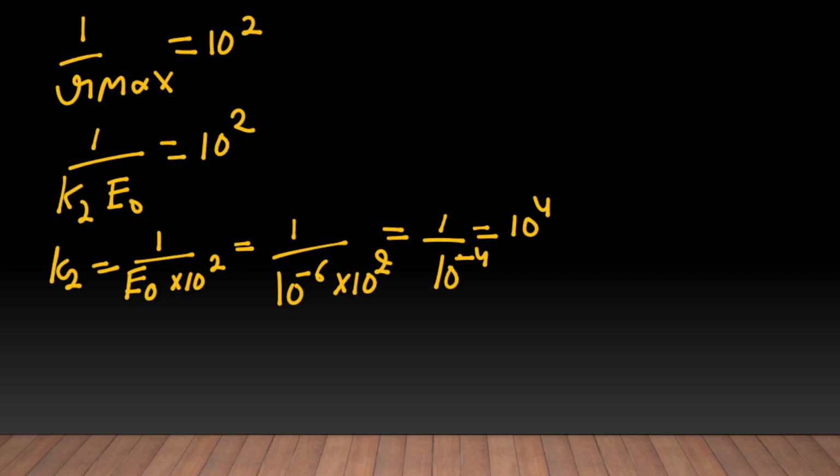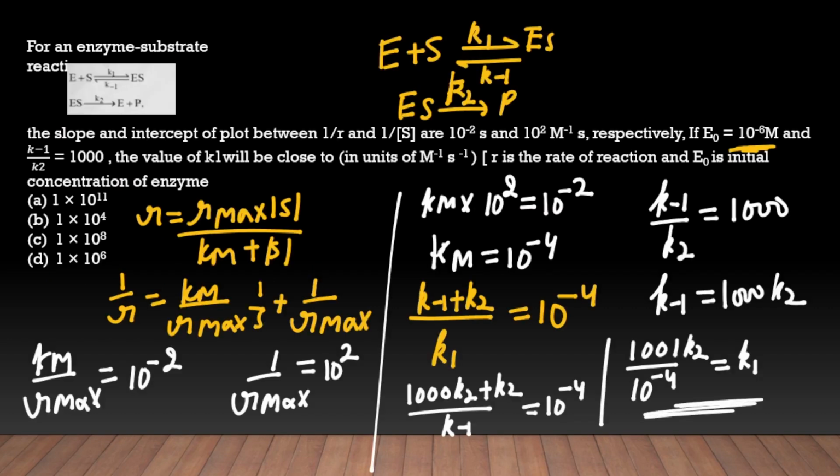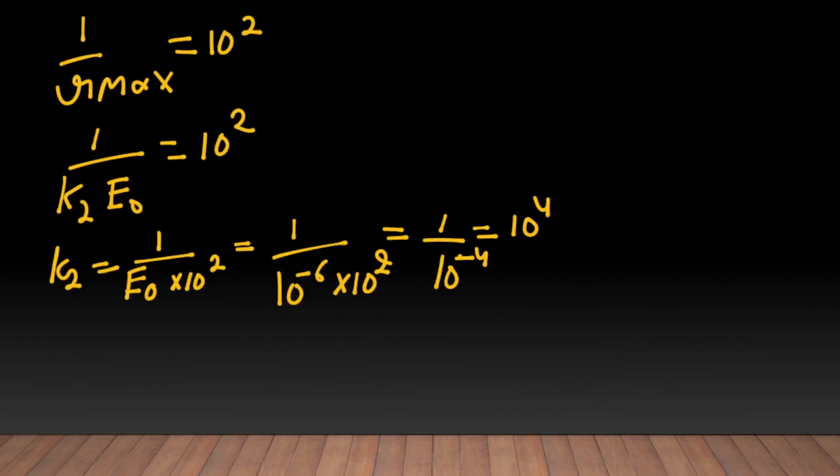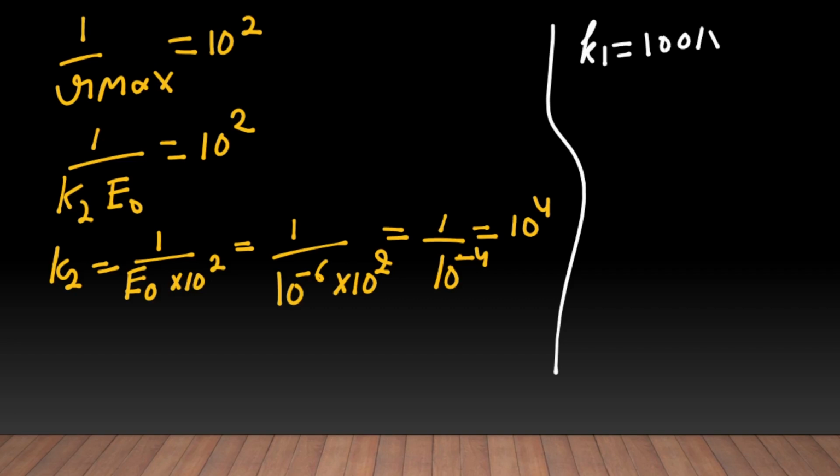So now this K2 value we can substitute in this expression so that we can get the K1 value. So we were having the K1 value, it was 1001 times the K2 value upon the 10 raised to the power of minus 4, right?